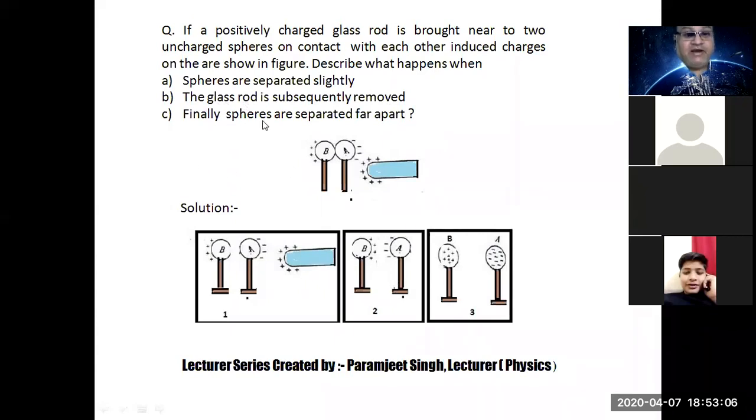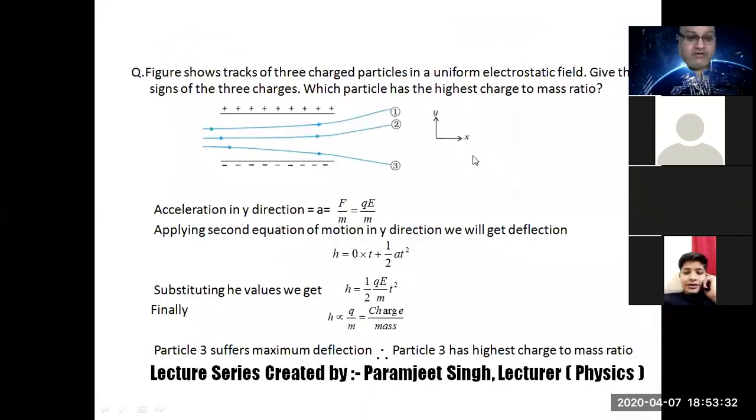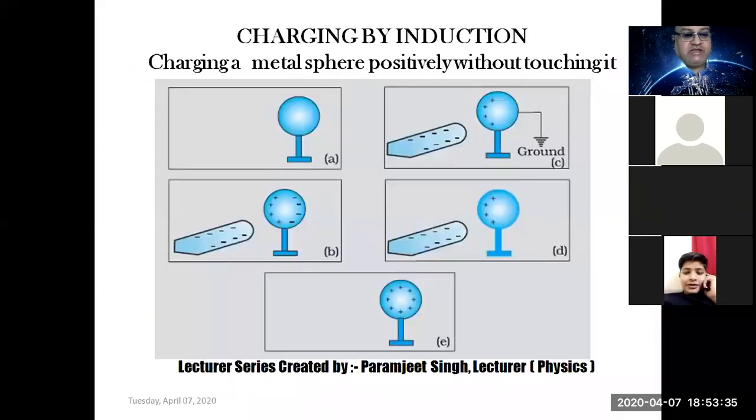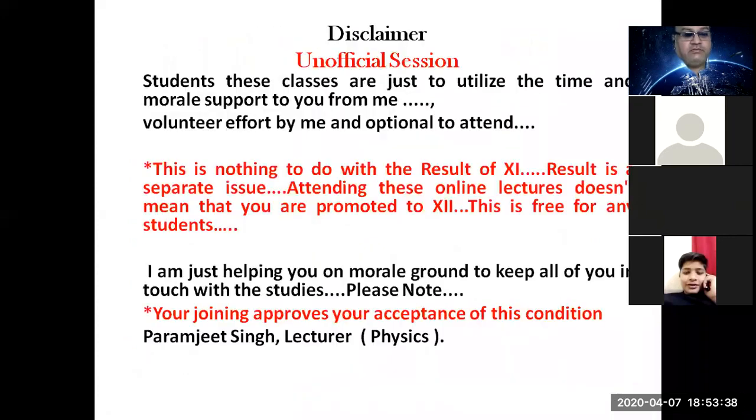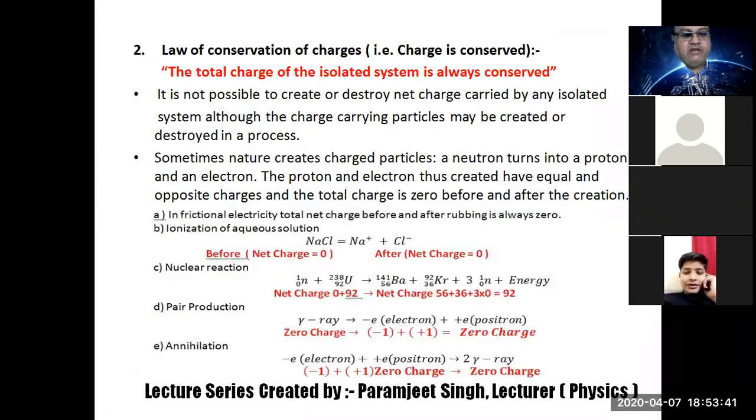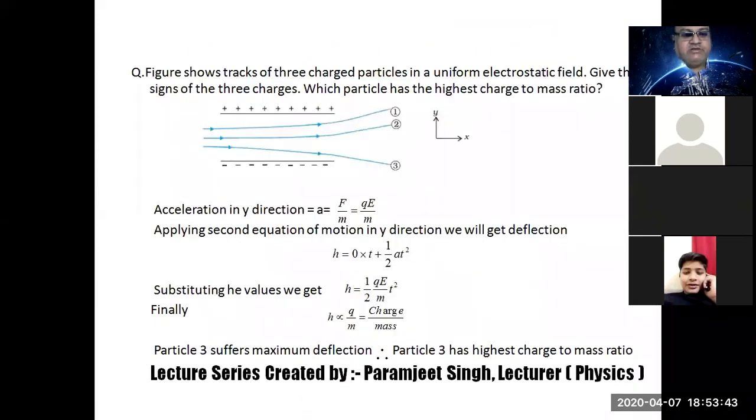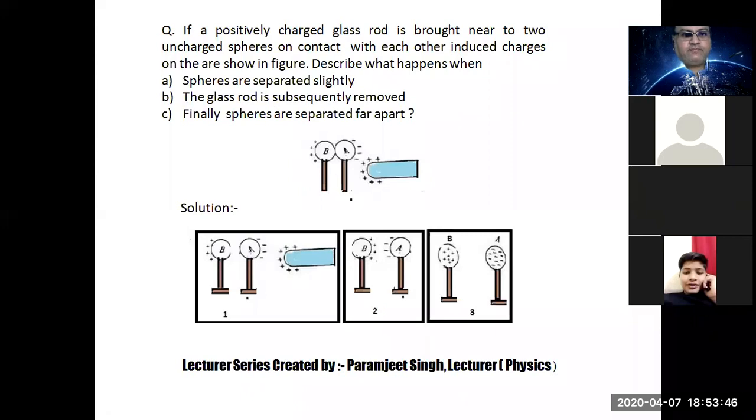Now the third part. Finally, the spheres are separated apart. Here the spheres were still close to each other, but now we separate both spheres. What is happening? Now charges are equally distributed on the spheres. The sphere is of metal, and how charge behaves on metal I have already explained. I have explained the behavior of insulators and conductors with charges.